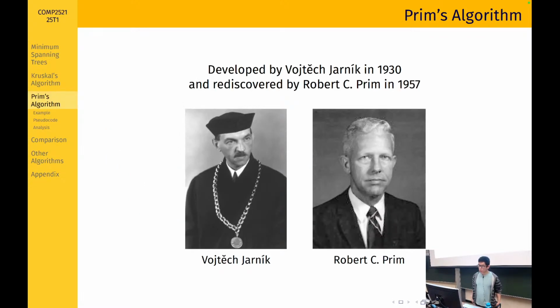Okay, so the second algorithm that we want to talk about is Prim's algorithm. It's named after Robert Prim, but it wasn't actually developed by Prim. It was developed by Jarník, way earlier.